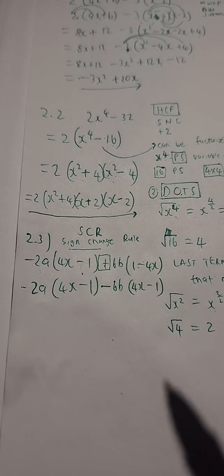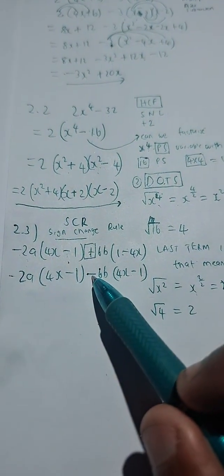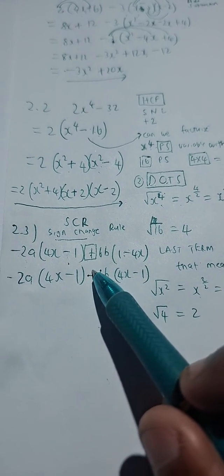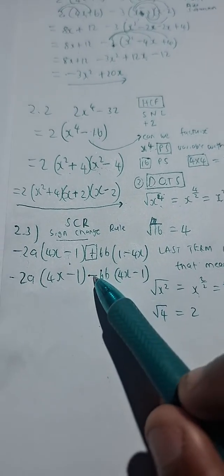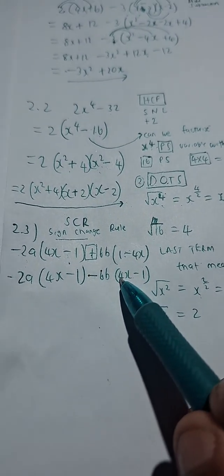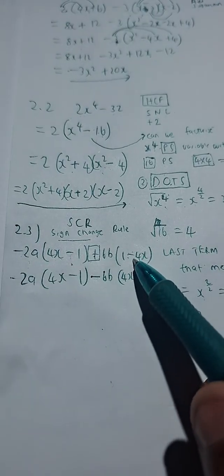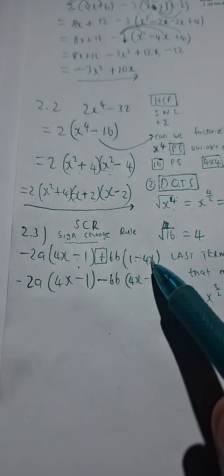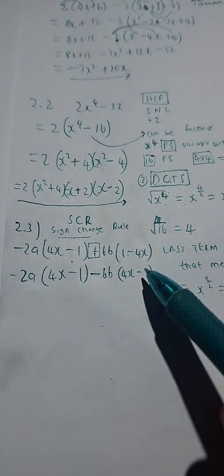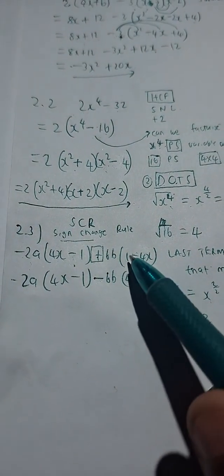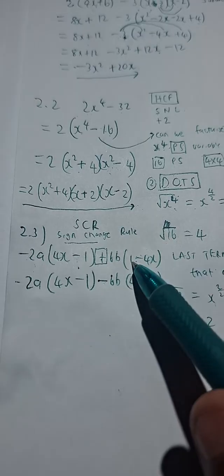Now listen up. If I was to take this negative sign, just it alone, and distribute it to the 4x, what happens to the 4x? This negative times this positive 4 will give me back my negative 4x. Do you see that? This negative multiplied by the negative 1 will give me back my positive 1.